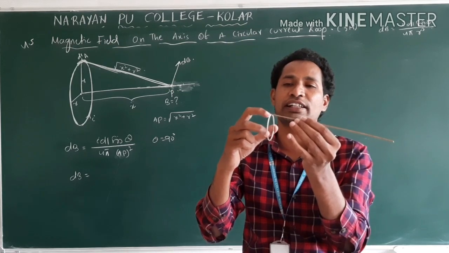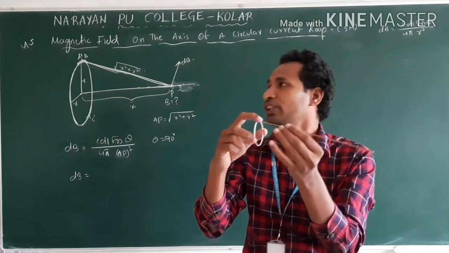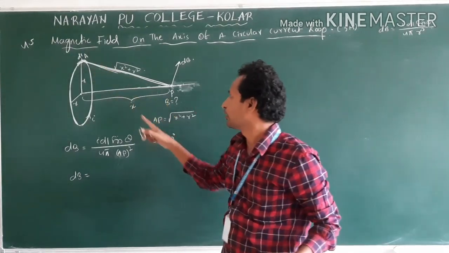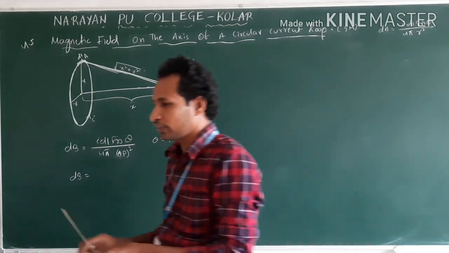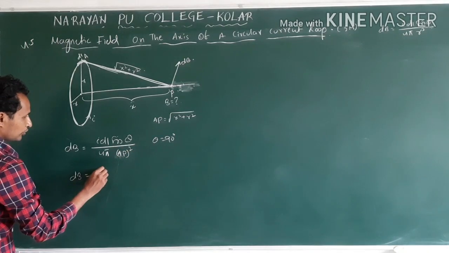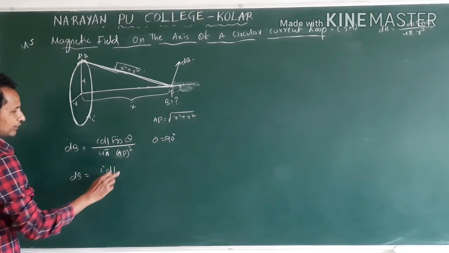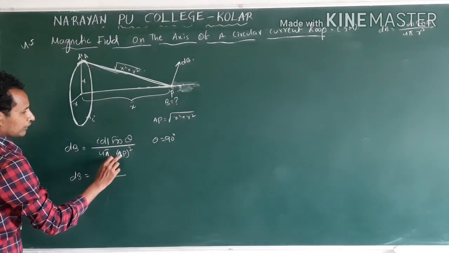to measure between current element and position line or position vector. Clear? Position vector is what? AP. So what is the angle now? It is 90 degree. Clear? So theta is 90. So now AP value substitute. This is I dL sin 90 by 4 pi AP square.